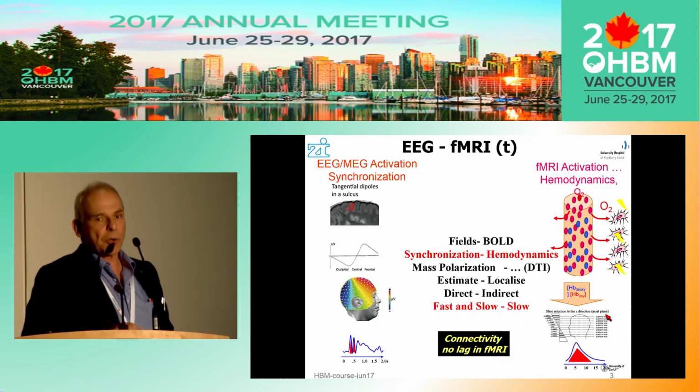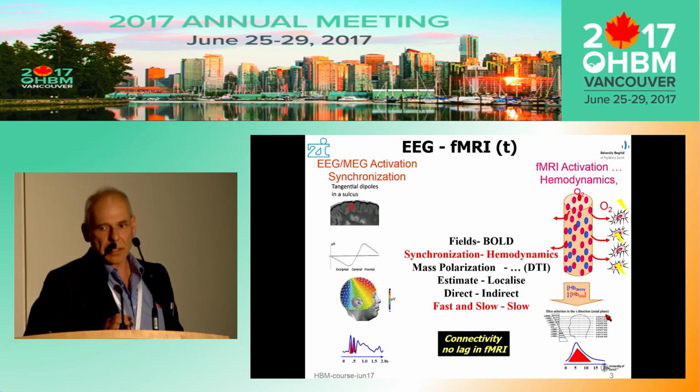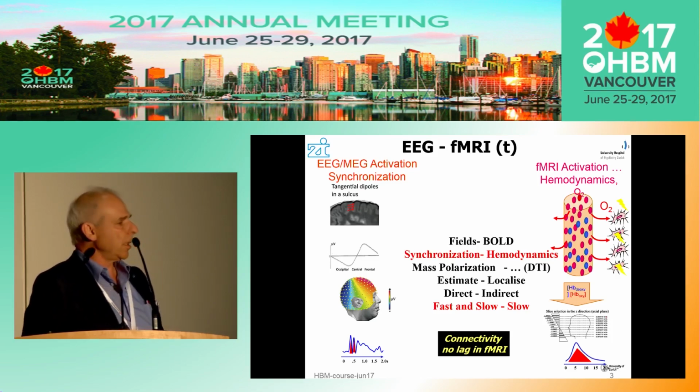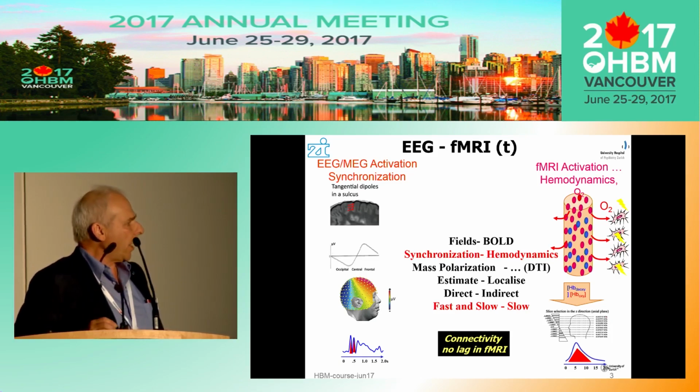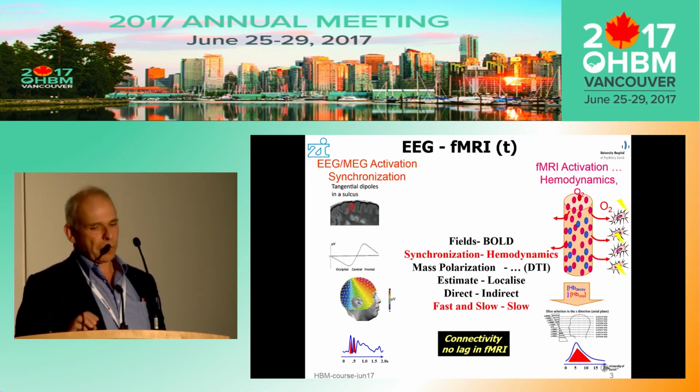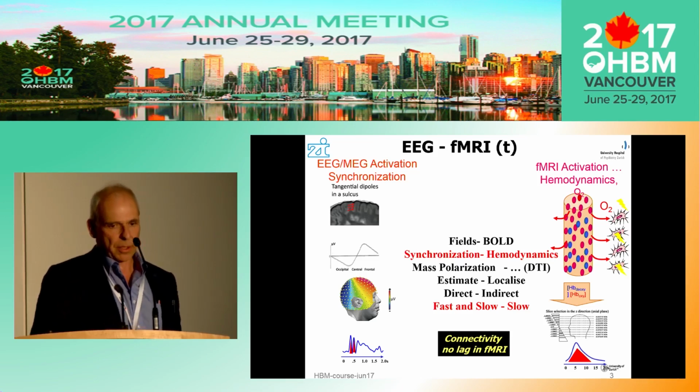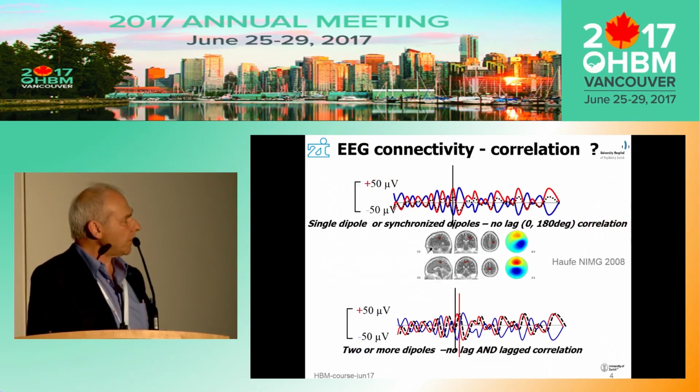That doesn't mean current approaches ignore lags. Obviously, DCM analysis and other Granger causality models do imply lags and take them into account. But much of the connectivity literature in fMRI was done without considering lags.